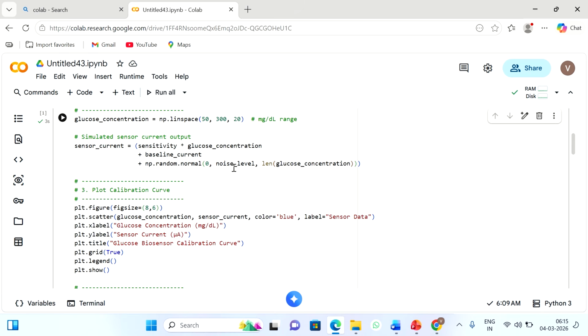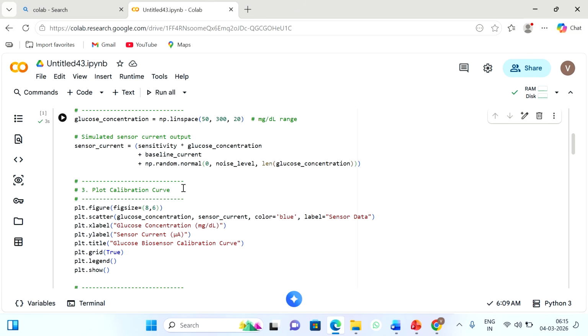Then noise level. Real sensors have noise. 0.5 microampere random fluctuation is added.